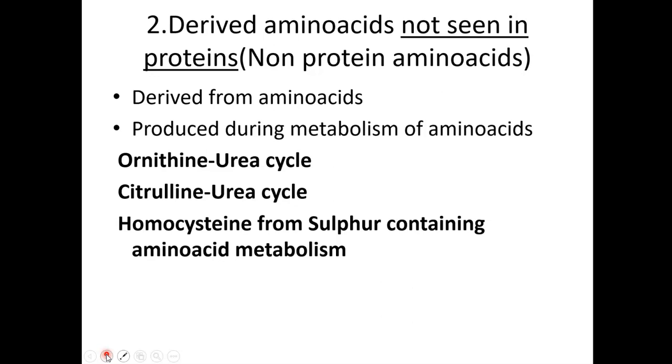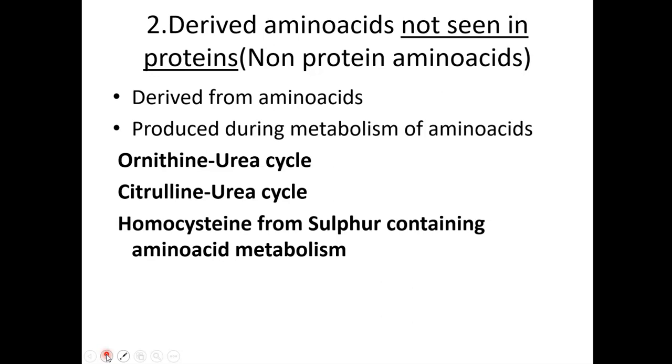Actually, these two derived amino acids are formed during the urea cycle. The urea cycle is a metabolic pathway, the formation of urea from carbon dioxide and ammonia. During this pathway, ornithine and citrulline are formed. Homocysteine is formed from sulfur containing amino acid metabolism.